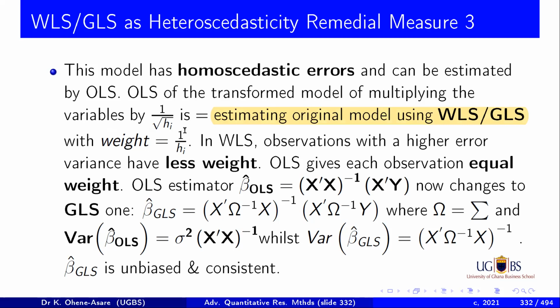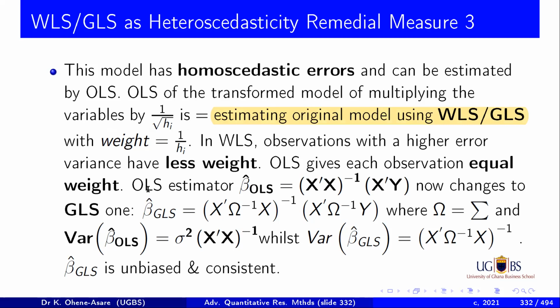The weight is 1 over h_i. Now, in weighted least squares, observations with higher variances have less weight. Okay? And those with lower variances will have higher weight. And there's a bit of complex mathematics in deriving this. So the OLS gives each observation equal weight.